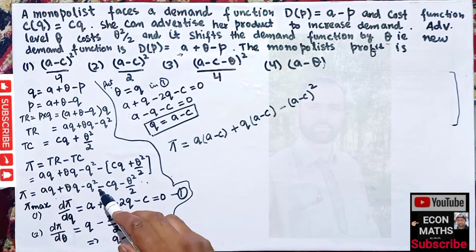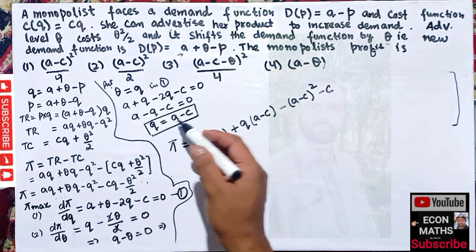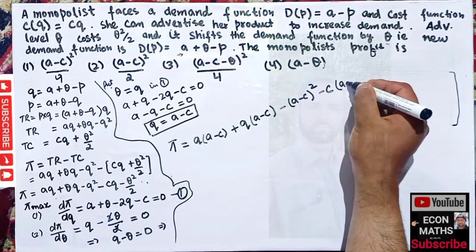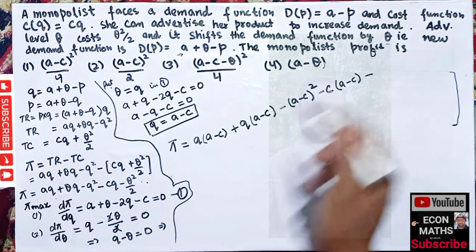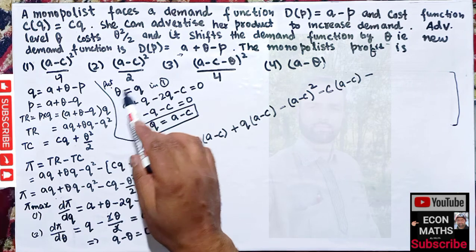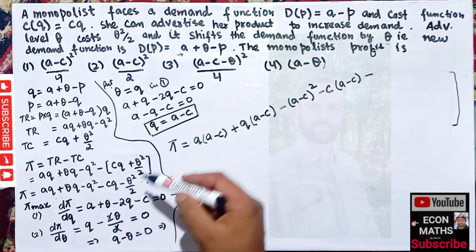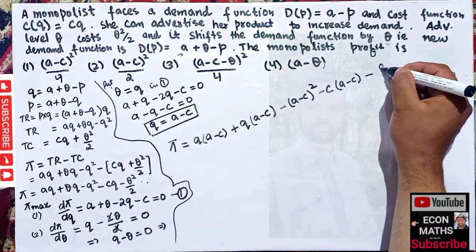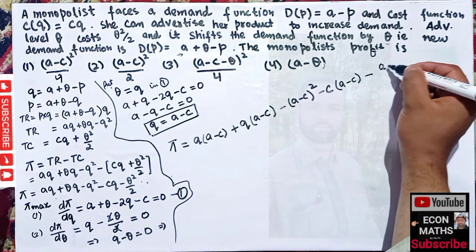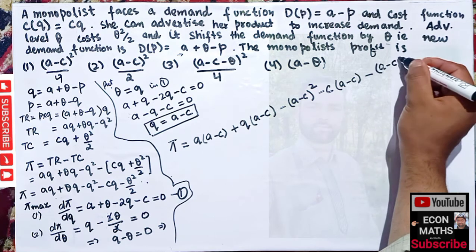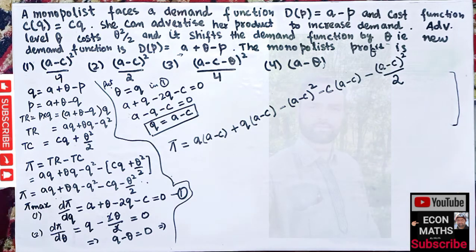Then we have minus c, and we have q is a minus c, so a minus c, and then we have minus theta square. Theta is equal to q, that means q is equal to a minus c, which implies theta square is equal to a minus c whole square divided by 2. So we will solve this.